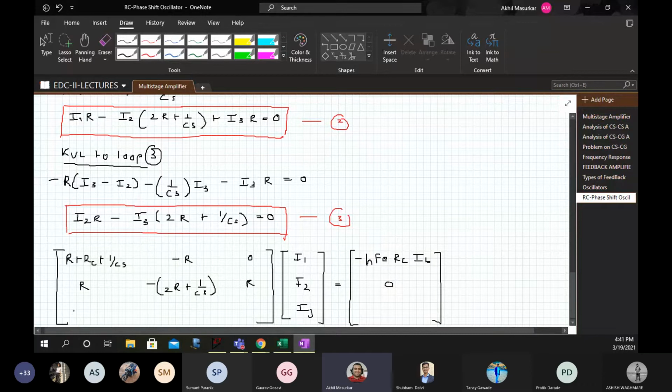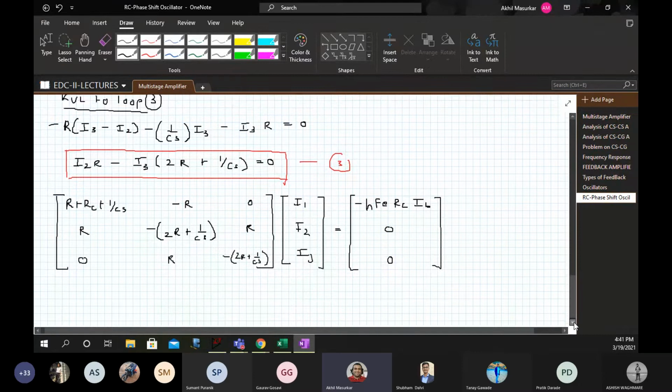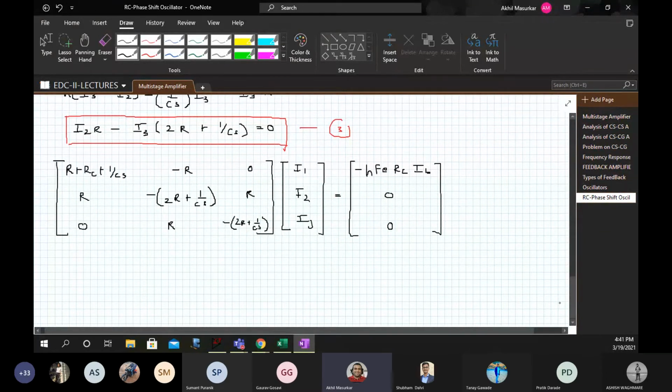Similarly here I'll write again I1 is 0, I2 component is R, and then here we have minus 2R plus 1 by Cs, that is also equal to 0. So please write this.